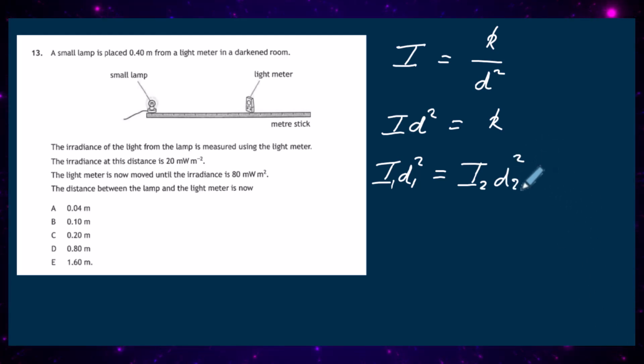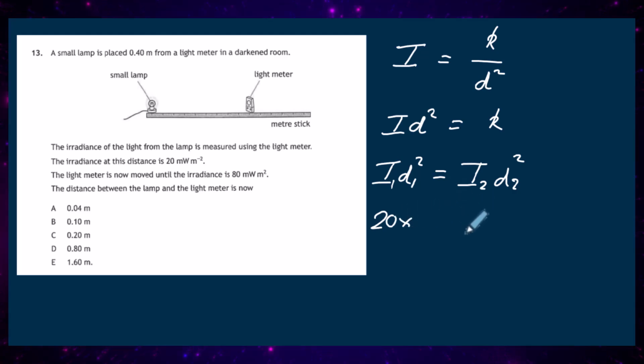Remember, we're after d2 squared here. The first radiance is going to be 20 milliwatts per metre squared. So we can leave out the units and just put in the value because both sides will contain the same units and they'll cancel out. So we're going to have 20 times d1 squared.